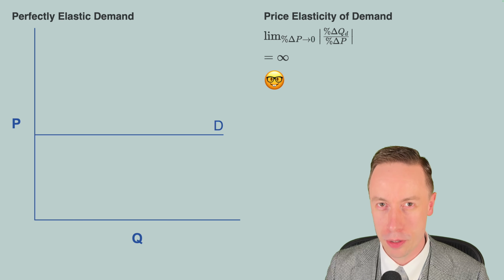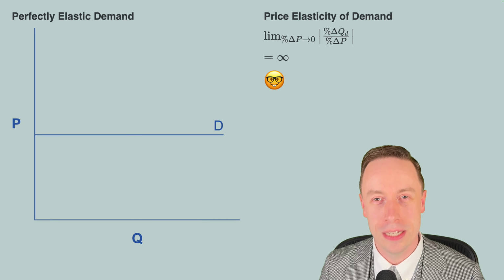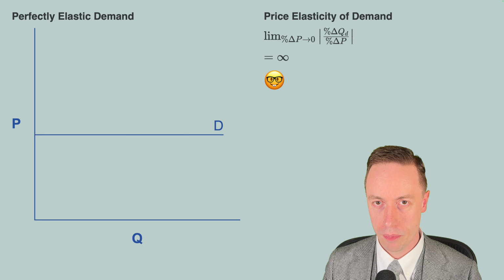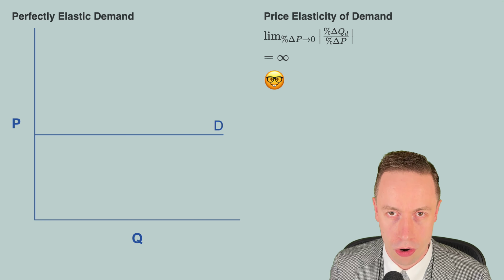Don't worry about it. The point is, if somebody says infinitely elastic demand, that is why. So these are our extremes, the perfectly inelastic and the perfectly elastic demand curve.